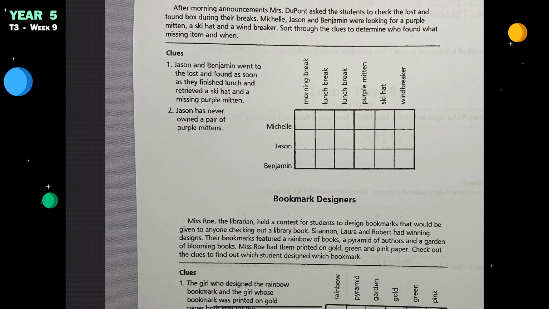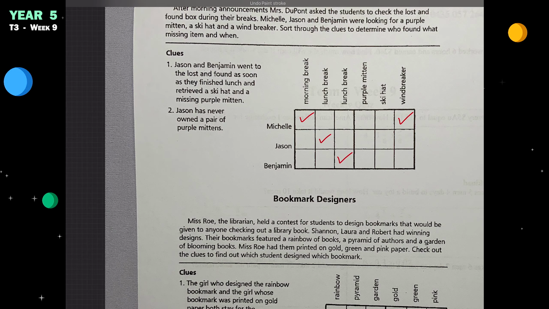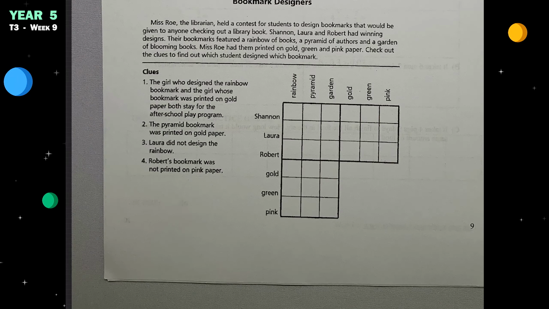Okay, so we know that the windbreaker is Michelle, and we know that lunch break was for Jason and Benjamin, which means Michelle must be in the morning. Jason has never owned a purple mitten, so Jason doesn't own a purple mitten, which means that he owns a ski hat, and the purple mitten must go to Benjamin. You're done. Okay, this one, you can cross out the bottom part.